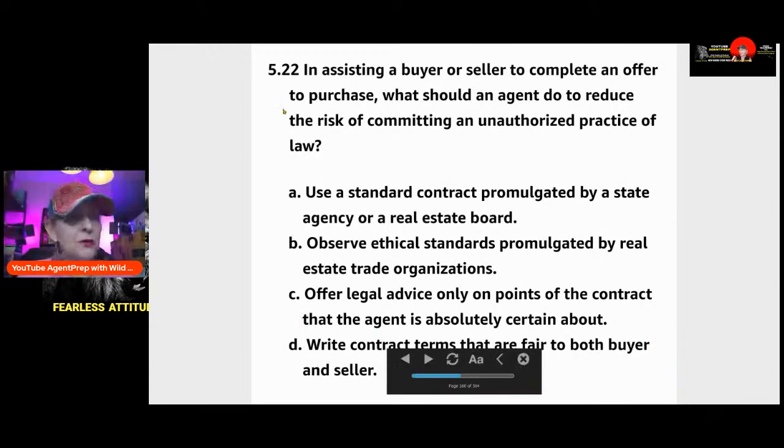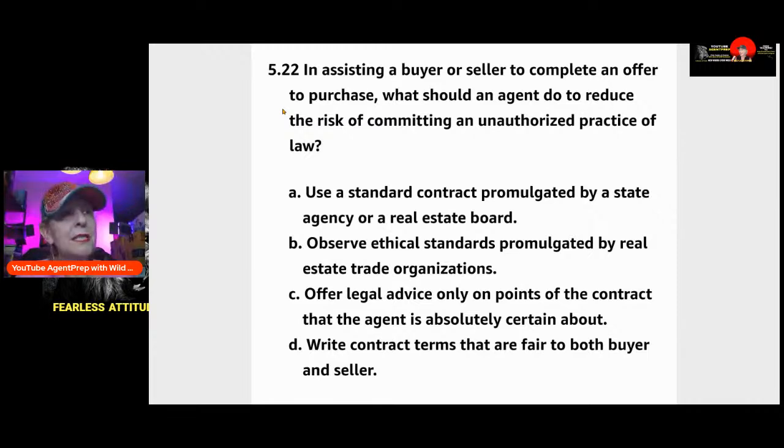Number 22, in assisting a buyer or seller to complete an offer to purchase, what should the agent do to reduce the risk of committing unauthorized practice of law? A, use a standard form promulgated by a state agency or real estate standards promulgated by real estate trade organizations.